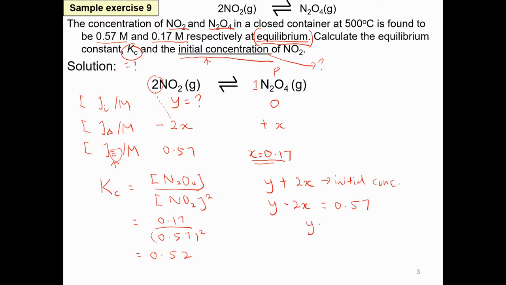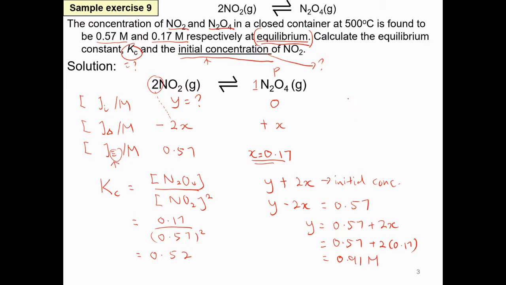So now y equals 0.57 plus 2x. Now write down 0.57 plus 2 times 0.17, so we will get 0.91 molar.